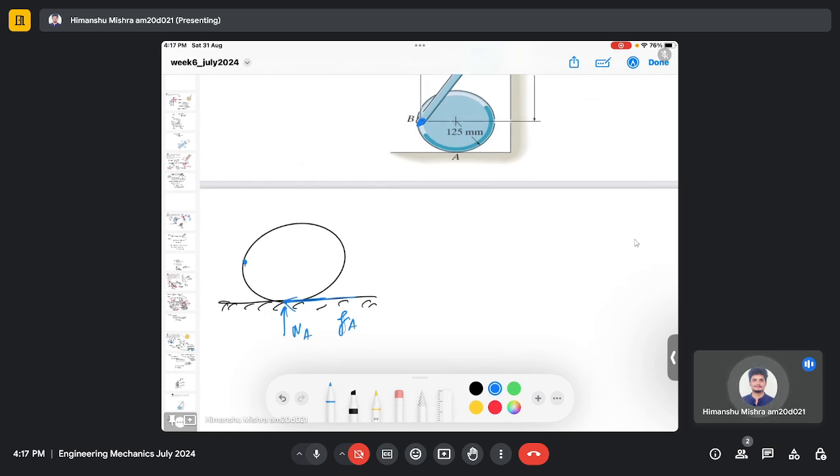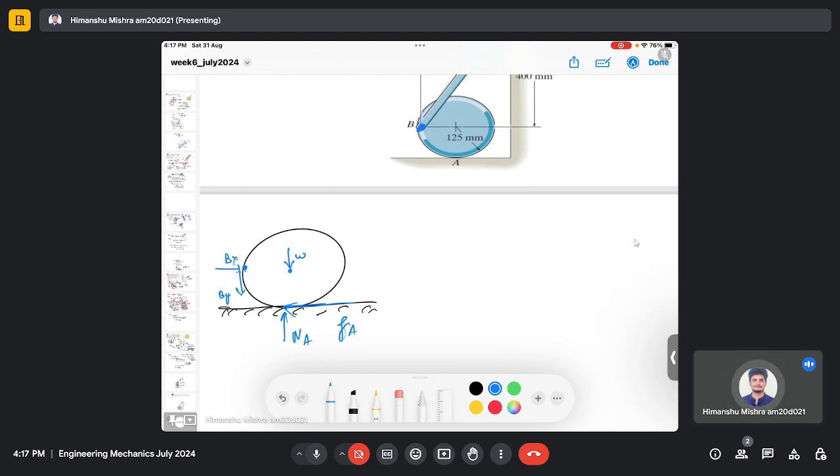So at the pin joint, we will have two reactions, Bx and By. And there will be a weight acting at the center of this disc.